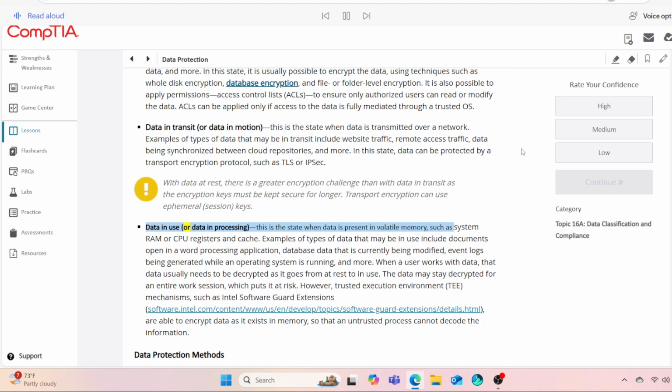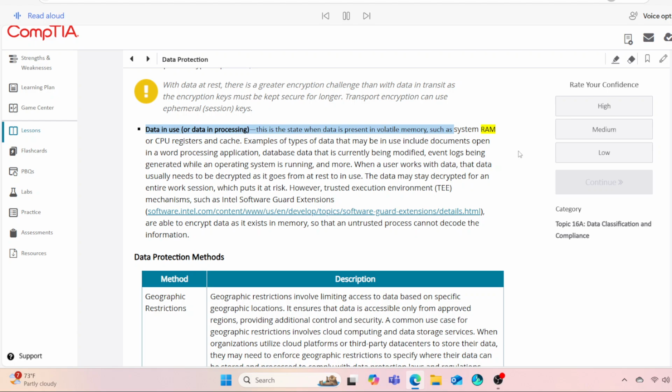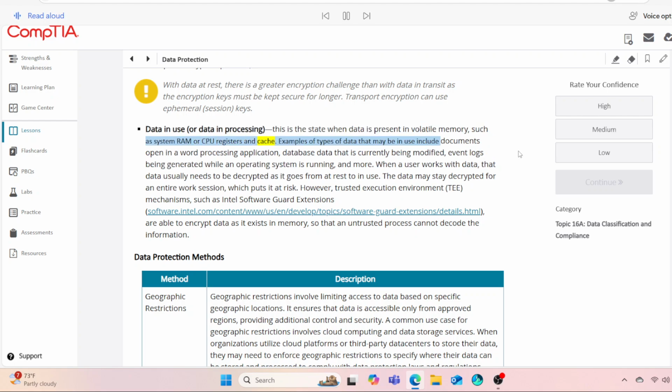Data in use, or data in processing. This is the state when data is present in volatile memory, such as system RAM or CPU registers and cache. Examples of types of data that may be in use include documents open in a word processing application, database data that is currently being modified, event logs being generated while an operating system is running, and more. When a user works with data, that data usually needs to be decrypted as it goes from at rest to in use.